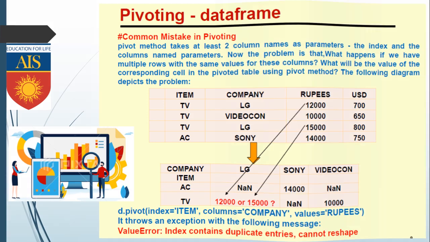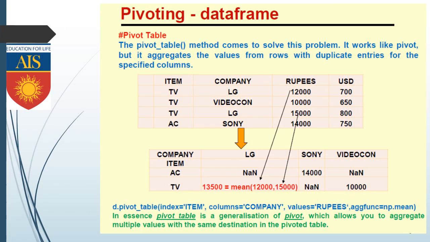The pivot_table method comes to solve this problem. It works like pivot but aggregates the values from rows with duplicate entries for the specified column. That means the solution to the previous problem is d.pivot_table(index='item', columns='company', values='rupees', aggfunc=np.mean). So pivot_table is a generalization of pivot which allows you to aggregate multiple values with the same destination in the pivot table.